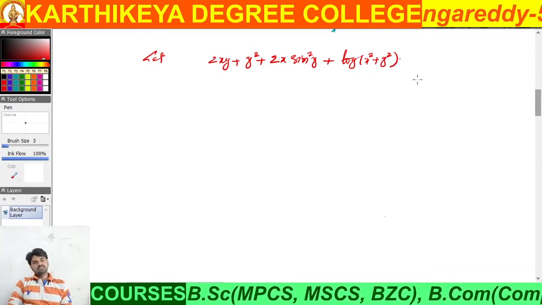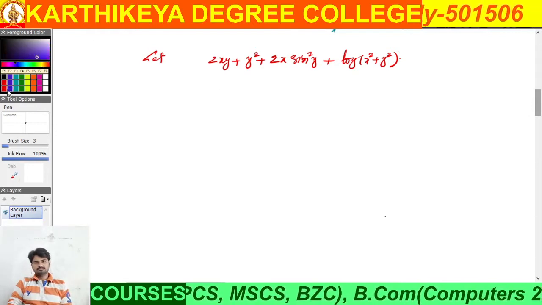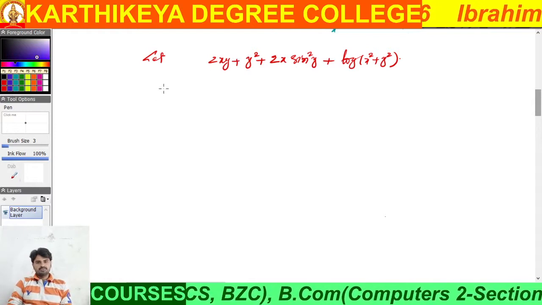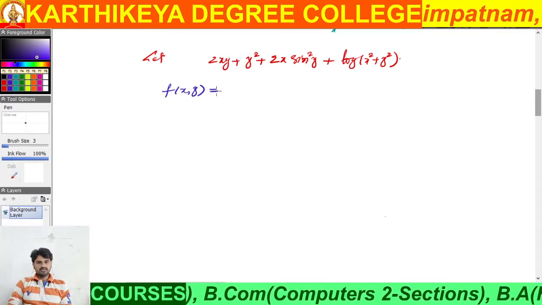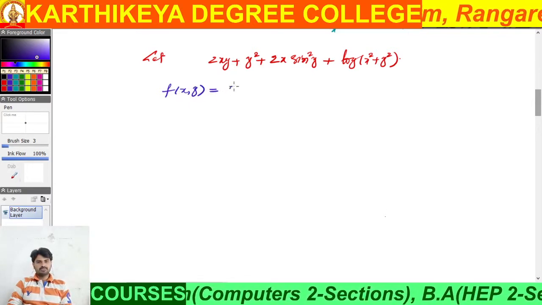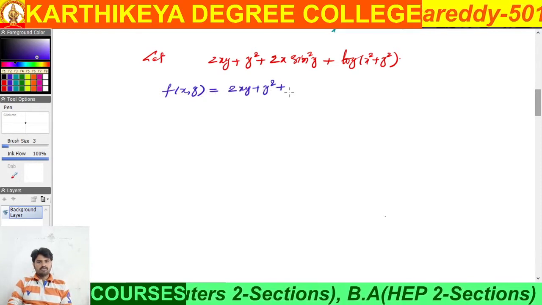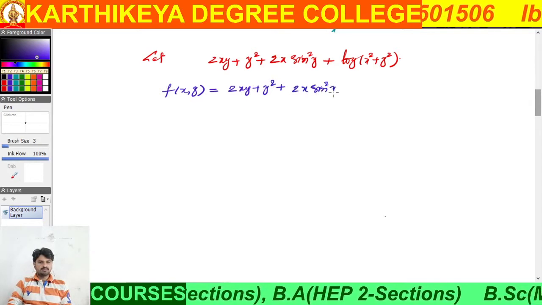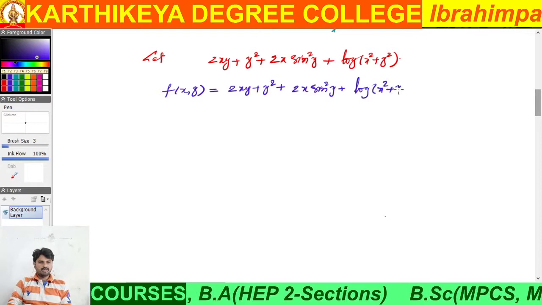If you observe this function, how many variables do you see here? We see two variables. So first we have to take this one, f of xy. A function in two variables, the variables are x comma y. So that's why we keep the name f of xy is equal to 2x, this one. Like that we have taken here.